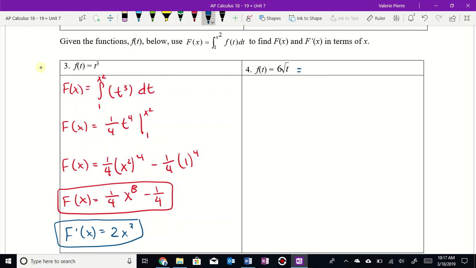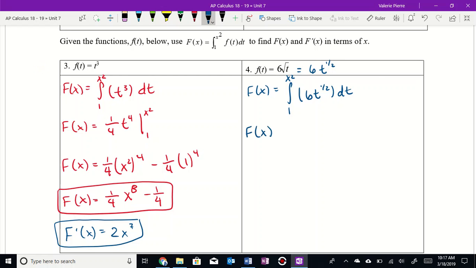For number 4, I'm going to rewrite 6 root t to be 6t to the 1/2. So then capital F of x equals the definite integral from 1 to x squared of 6t to the 1/2 dt.